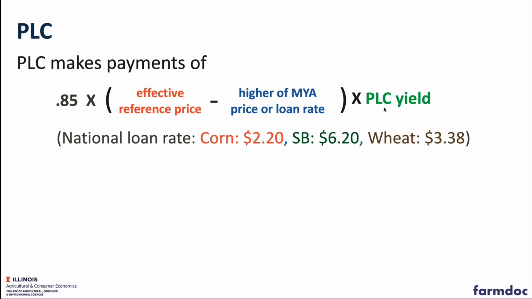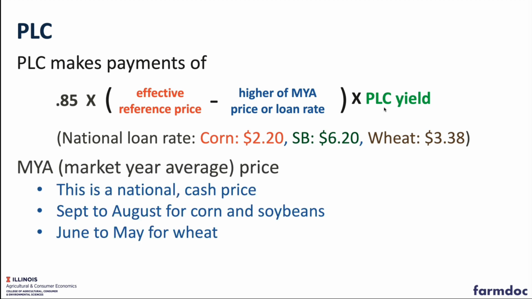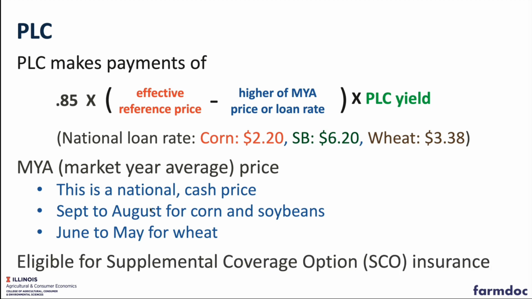Show them the yields from 2013 to 2017, and FSA will calculate which one's the higher for you. Again, market year average price is the national cash price September to August for corn and soybeans. Again, for 2019, we're well within the year, and so that 385,877 is getting closer and closer to being known, but it can still vary from this point in time. And again, you're eligible for SCO.